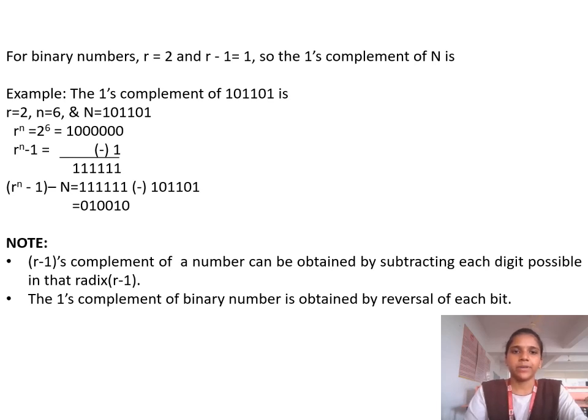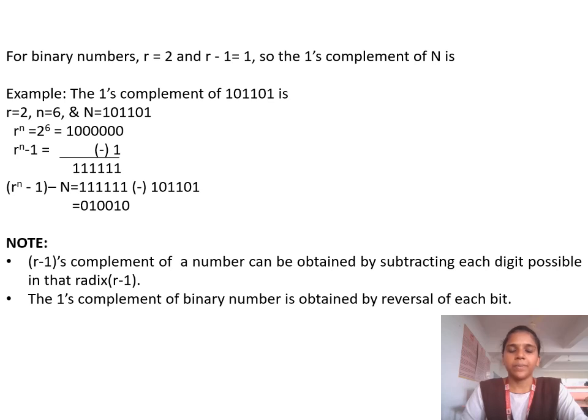The 1's complement of 101101: R is equal to 2 and n is equal to 6 for capital N. By following the subtraction process, we get R power n minus 1 minus N, that is equal to 010010. The R minus 1's complement of a number can be obtained by subtracting each digit from the largest digit possible in the radix, R minus 1.